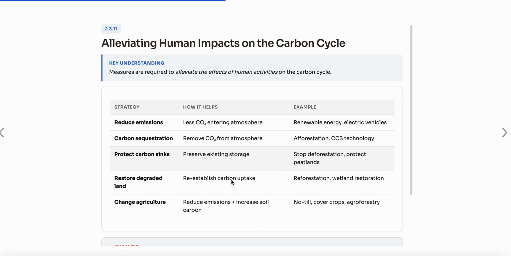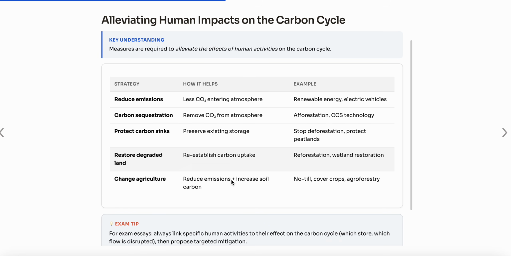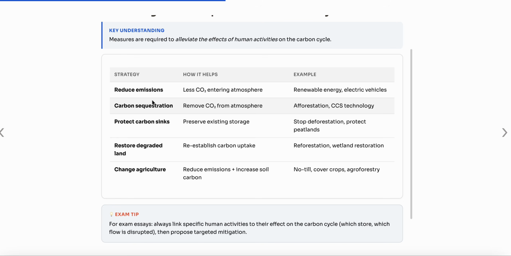So what about alleviating human impacts, like how they impact the carbon cycle? When you reduce emissions, it's a very big thing. You need to reduce your emissions, and that's why you need to adopt electric vehicles and renewable sources of energy. You have to use techniques which can absorb more carbon dioxide from the atmosphere.